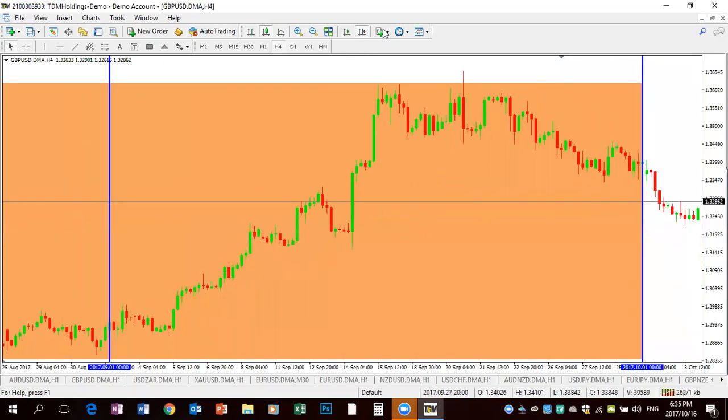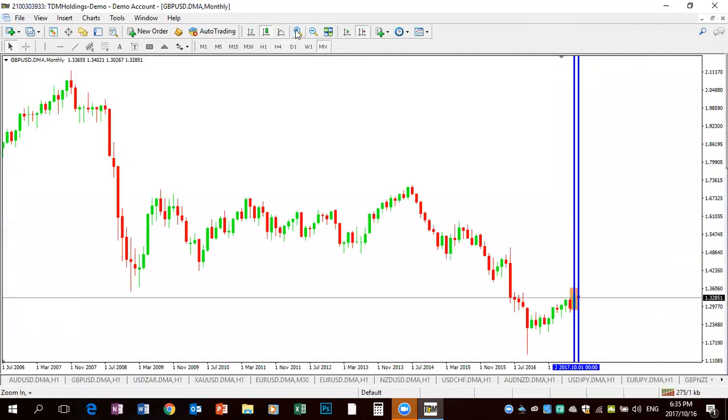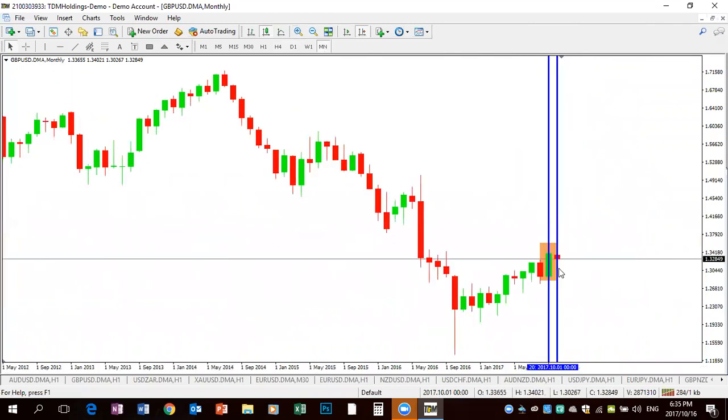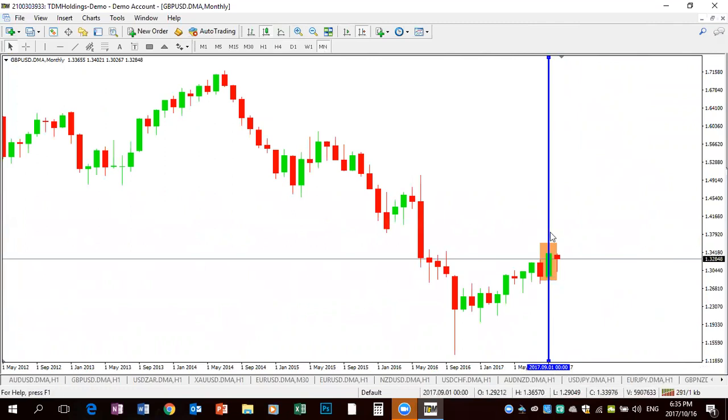Okay? Now let's go back to the monthly time frame. Can you see that the candle that I have highlighted is green?